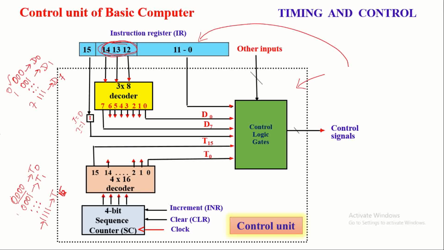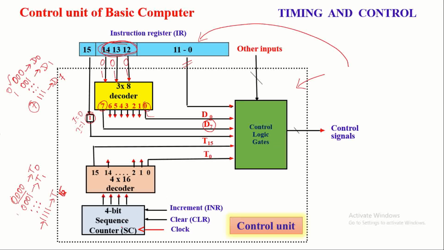Whenever the input to the 3 by 8 decoder is 000, its decimal equivalent is 0, so it will activate the output line designated D0. Similarly, if the input to the decoder is 111, then its decimal equivalent is 7, so it will activate the output line designated D7. Then the 15th bit of the instruction will be received by the I flip flop. The 15th bit can be 0 or 1, whatever it may be, and that will be forwarded to the control logic gates. And the 0 to 11th bits will be sent to the control logic gates as they are, without any decoding.